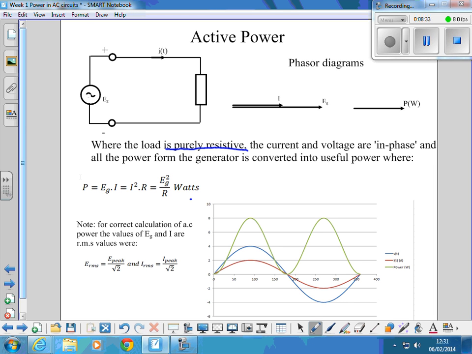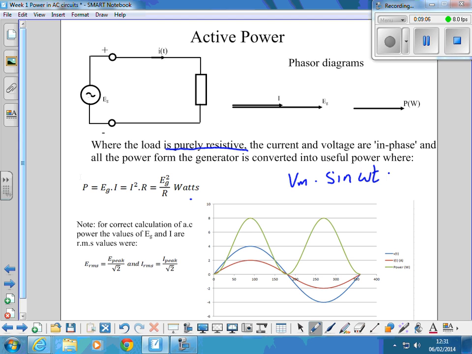The other things that you need to be aware of: the power pulses are twice the frequency of the supply. The other thing you need to be aware of is, in the formulas on the previous page, Vm sine omega t, that Vm is the peak value of the voltage, and Im the peak value of current.